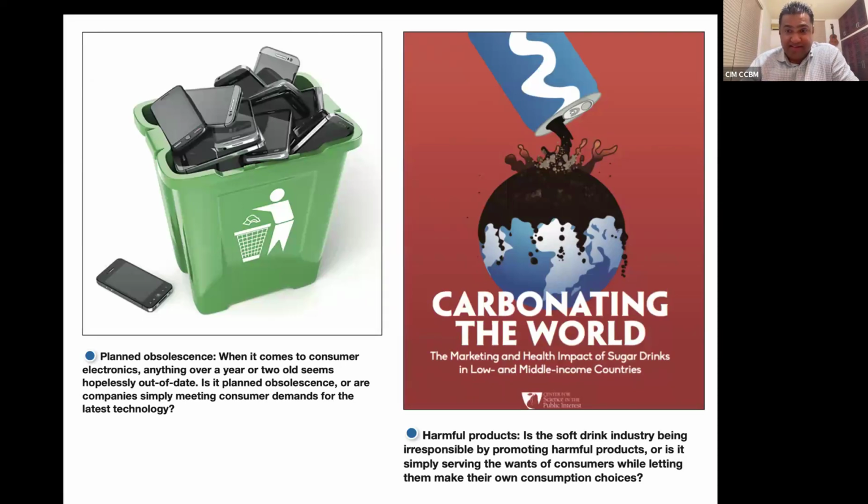And today you have also harmful products like the soft drinks industry. And there are lobby groups and pressure groups that come out and they try to educate the public over these products. I mean, quite frankly, we all like to enjoy a Coke, but Coke is sweet water, right? Sweetened water.